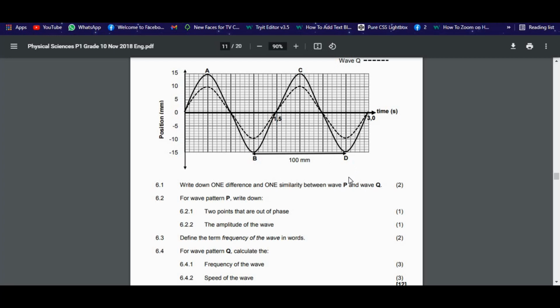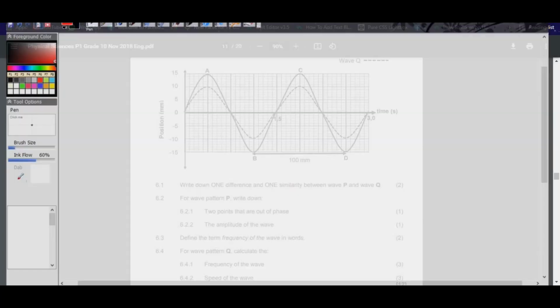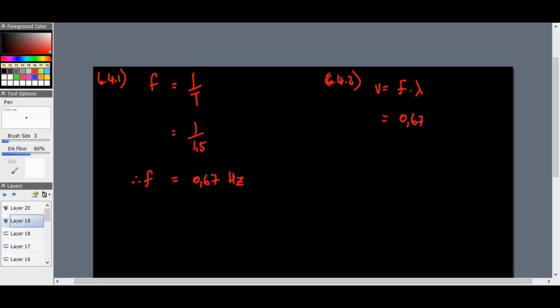So in meters, 100 millimeters, divide that by 1,000, as there are 1,000 millimeters in one meter. So 100 divided by 1,000 will be 0.1. And that is an answer of 0.067 meters per second.